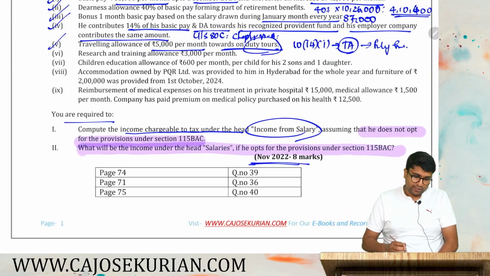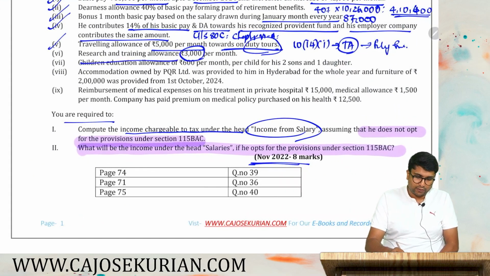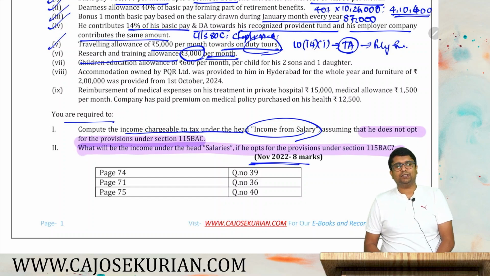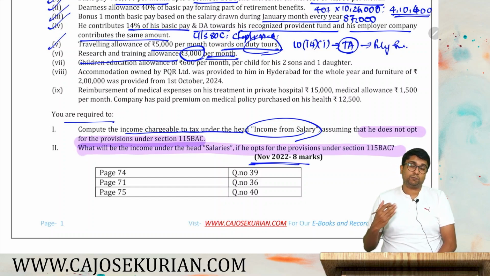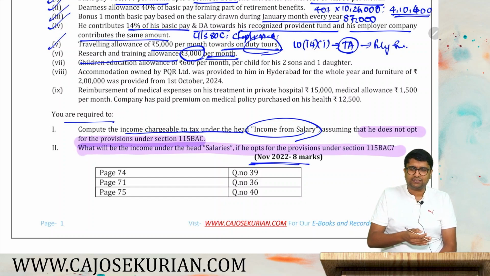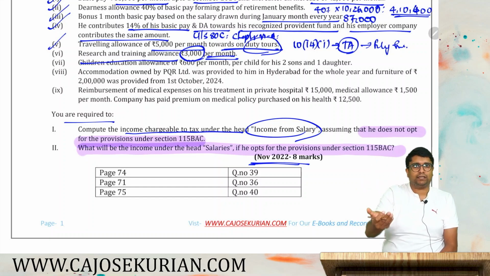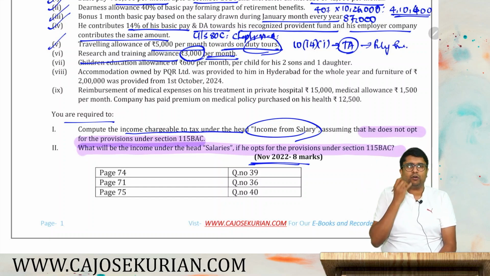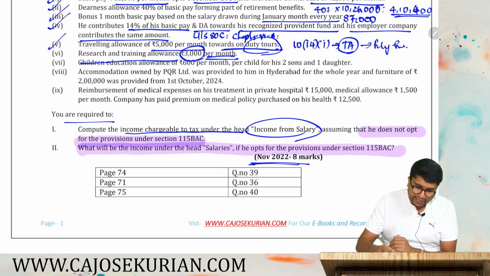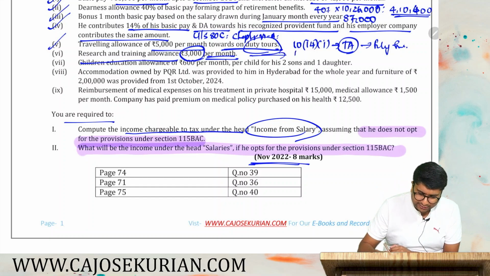Then next one, research and training allowance of 3,000 per month he received. The question is not saying whether he has expended that research allowance or not. For traveling allowance he might have performed his duty for the year and expended something, but for research allowance, we don't know whether he has done some research in that respective year or not. That is vague. So I am assuming that he hasn't done any research and it is fully taxable. You can write your assumption.